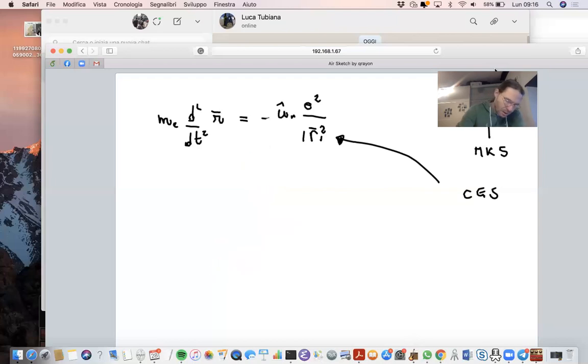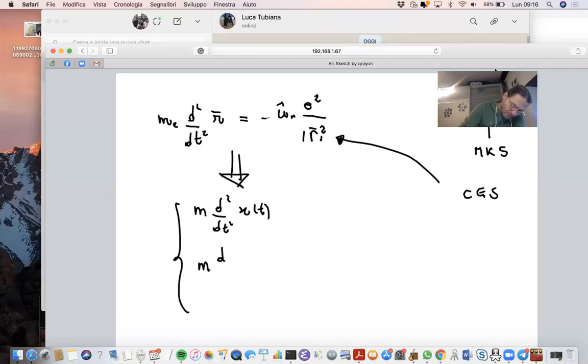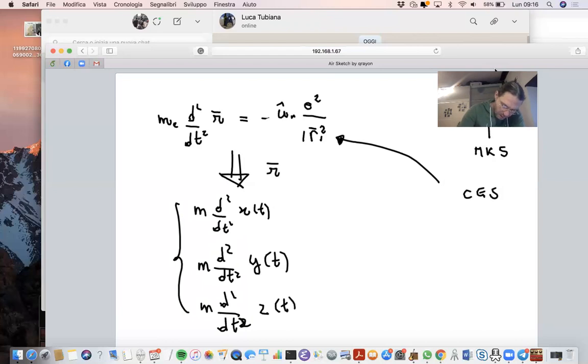Because if I was to very pedantically spell out this equation, I would have to say mass times the second derivative with respect to time of the x coordinate, second derivative with respect to time of the y coordinate, and second derivative with respect to time of the z coordinate, where r is supposed to be x, y, and z, the 3 Cartesian coordinates of the position of the electron.